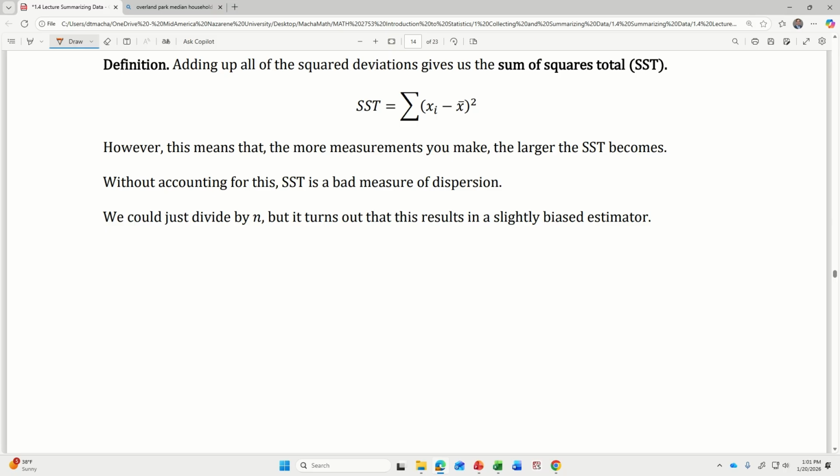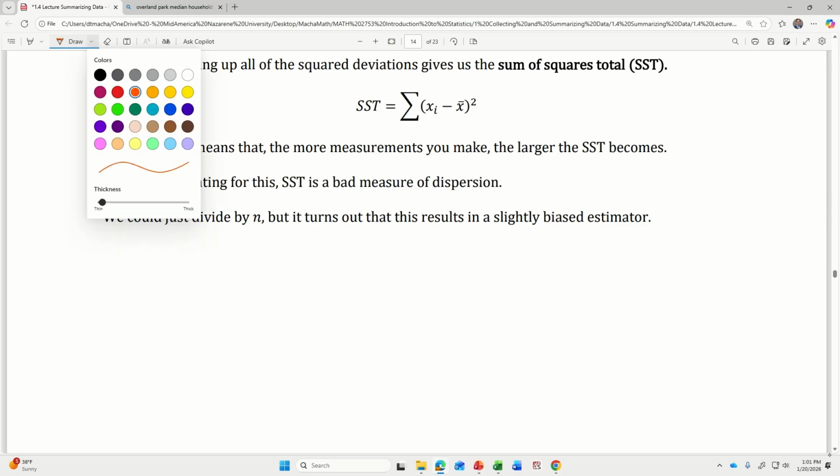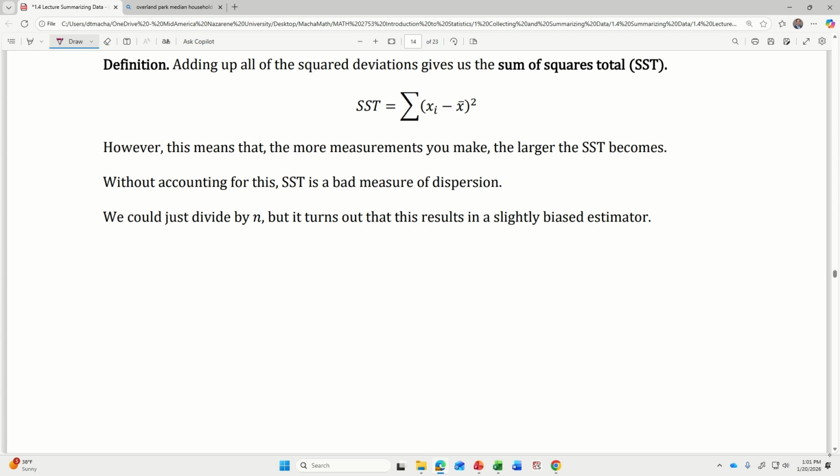I don't like the idea that just taking 1,000 measurements is going to give me a huge measure of dispersion. And so one idea is, what if I take the average squared deviation? We could just divide by n, get SST divided by n. And again, this is one of those things where I wish we could talk about it, but we just don't have time in an intro class.